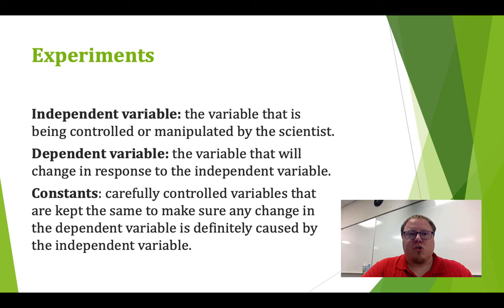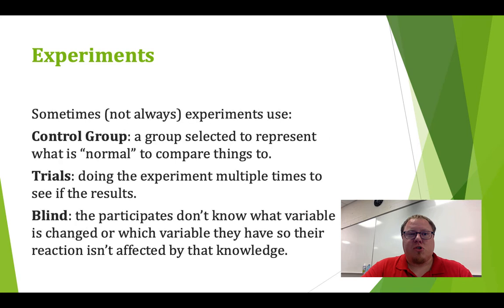All right, now, sometimes in an experiment, but not always, scientists will use a few different things. One of those is a control group. A control group is a group that's selected to represent whatever is normal for the situation in order to compare things to. For example, if you were to test whether a new medication works, you would want a control group that has the condition you're trying to medicate, but you don't give them the medication, because that would be what's normal here.